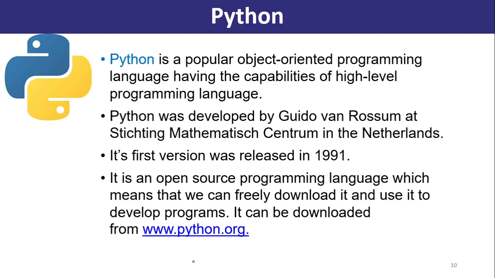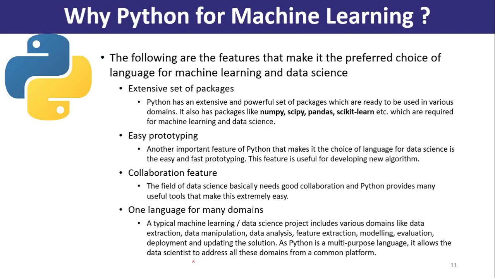Now, while writing the code for simple linear regression in Python, we need to make use of a few libraries, and here I am going to just mention which libraries we are going to make use of, okay. Also I am mentioning here why Python is being used for machine learning applications. There are certain features that make Python a very important language for building machine learning applications.